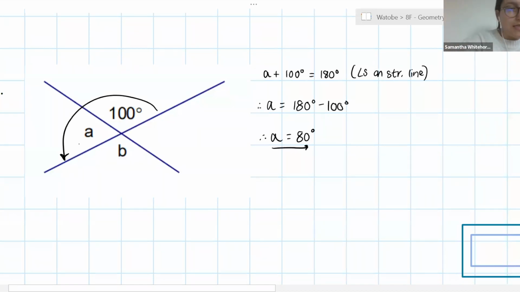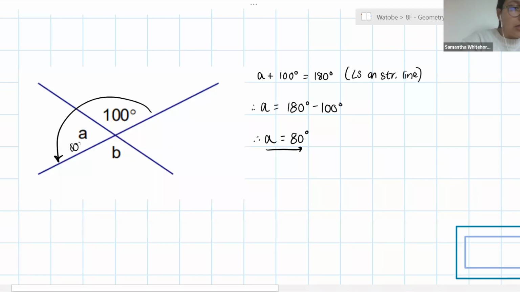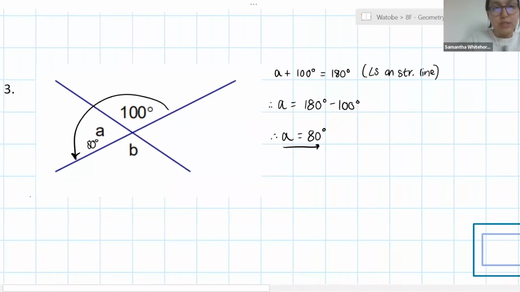Once I had that, and again, guys, there's lots of different ways you could do this. I'm just choosing to do it one way so that we can see a relationship. I could then use angles on a straight line again to work out angle B. So I know that A plus B should give me 180 degrees for exactly the same reason, angles on a straight line.